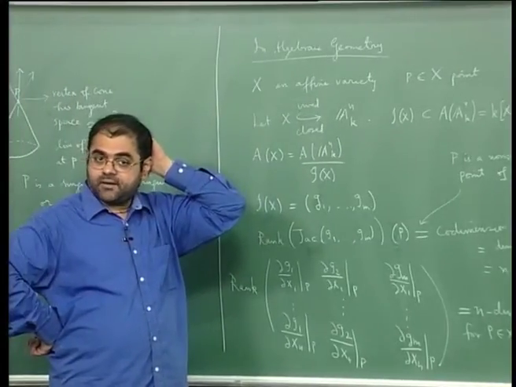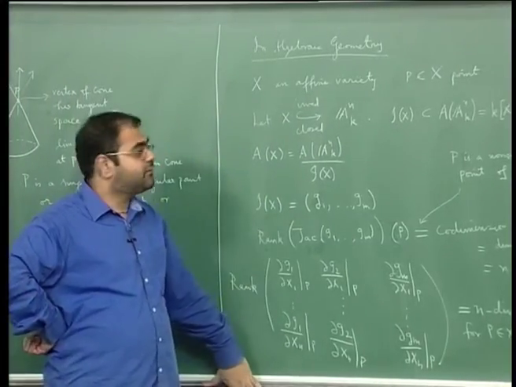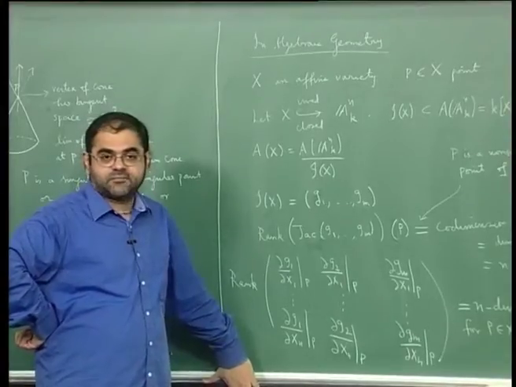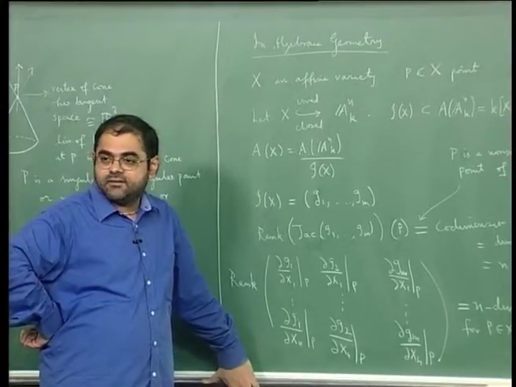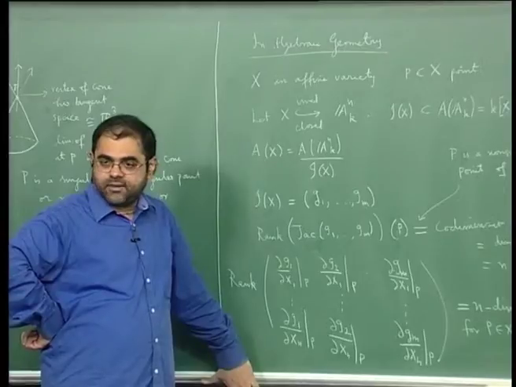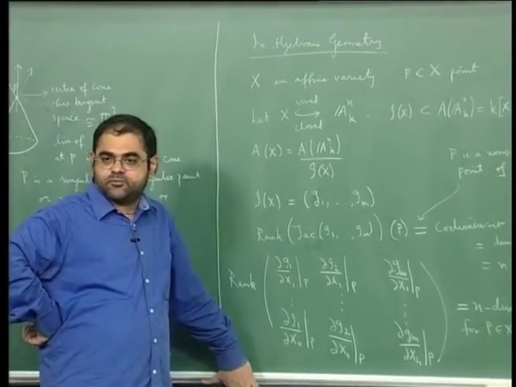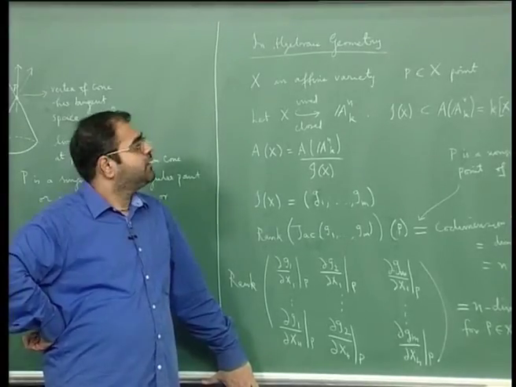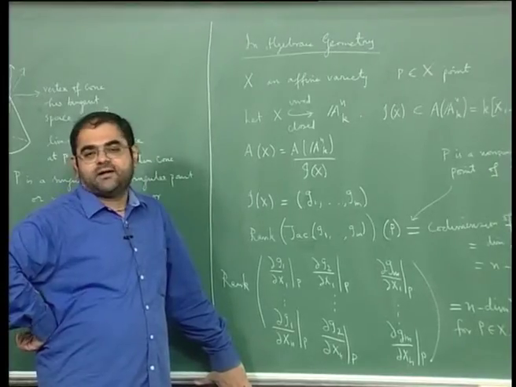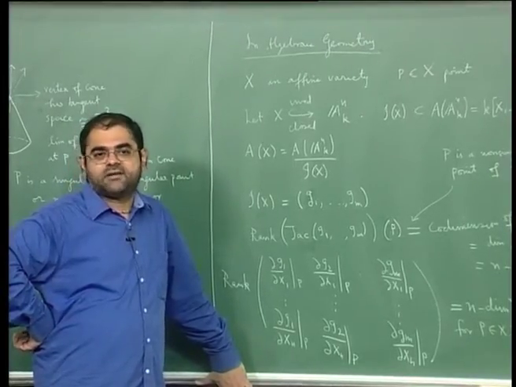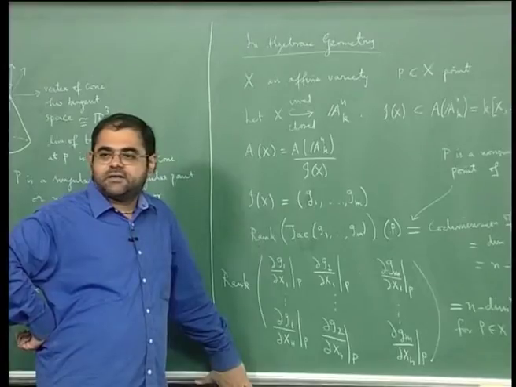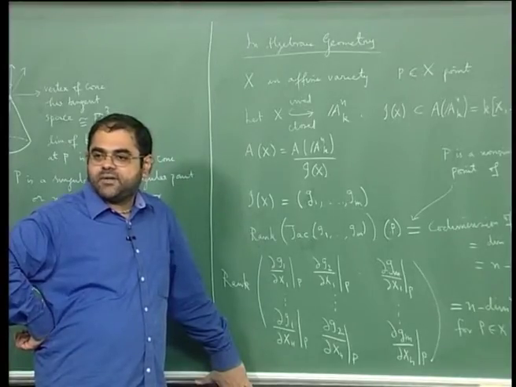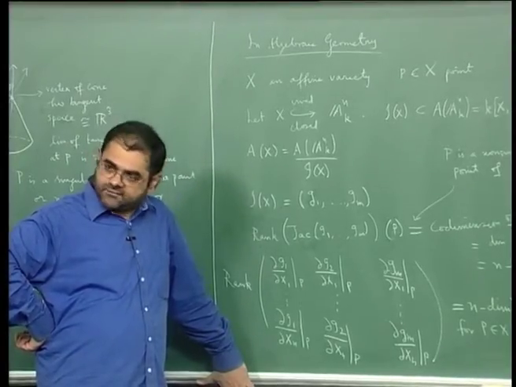I have not defined non-singularity at a point for any variety, because any variety in general could be non-affine, it could be quasi-affine, it could be projective, it could be quasi-projective. But anyway I can get over this problem by saying that any variety is covered by finitely many open sets which are isomorphic to affine varieties.